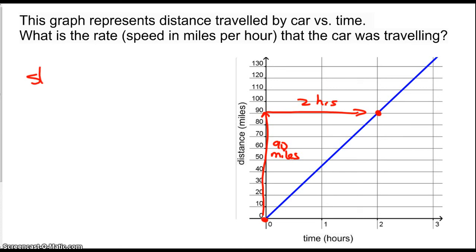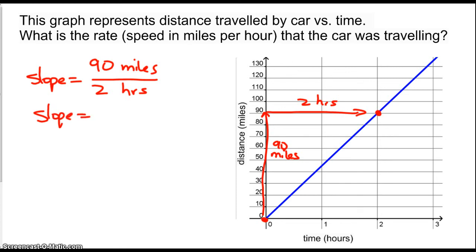So the slope of this line is the amount that we go up, 90, which is in miles, divided by 2 hours, right? And so 90 divided by 2, the slope is 45, and that's miles divided by hours, which is another way to say 45 miles per hour.